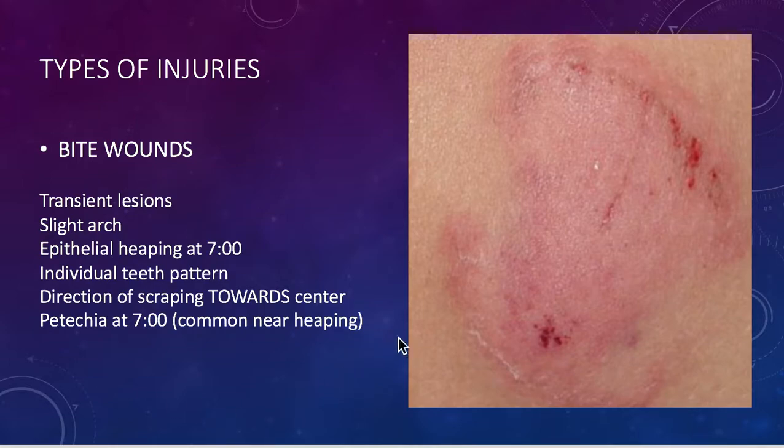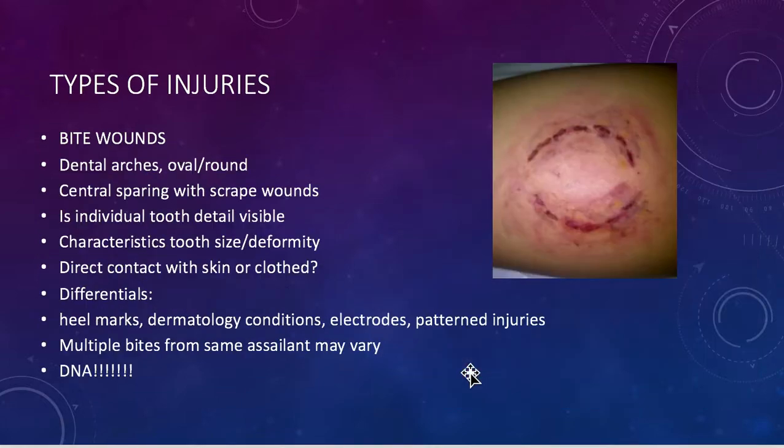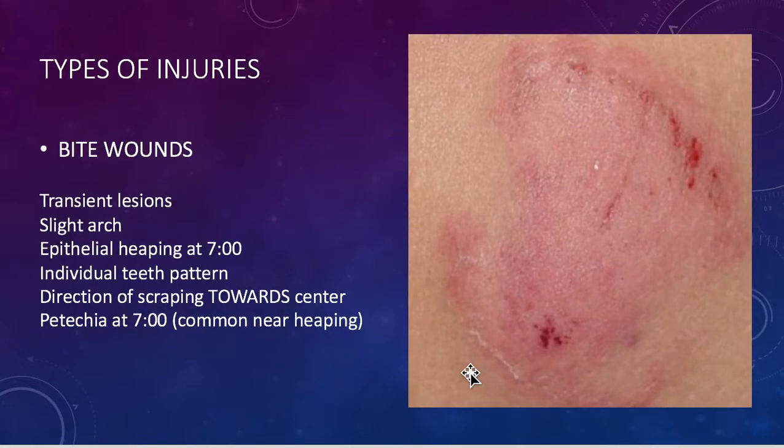This is a very classic bite wound that you're more likely to see than something like this. Let's pick out the key characteristics. Number 1, this is a fairly fresh wound. You're going to see possible transient lesions, and if you remember, transient lesions look like a slap mark. It's the erythema, redness, and swelling in the skin immediately following an injury.